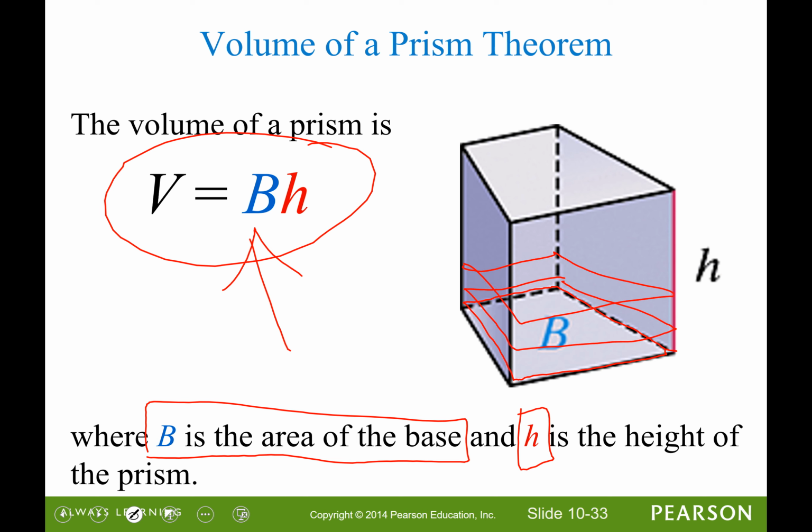So volume takes on that third dimension. And as this solid fills up, you can see all these cross sections, and when it gets to the top, basically capital B multiplied by lowercase h, then we have the volume.